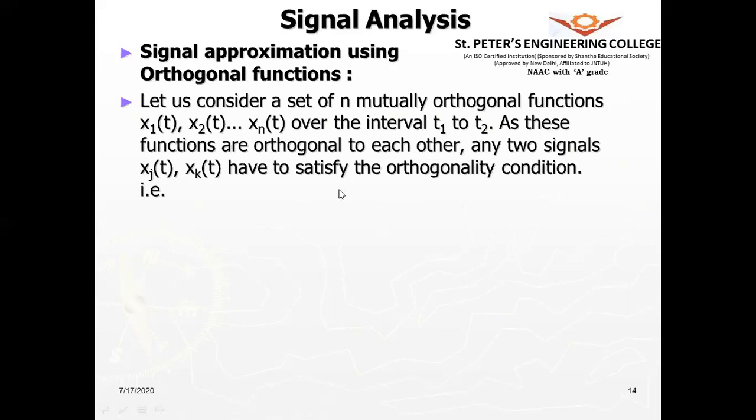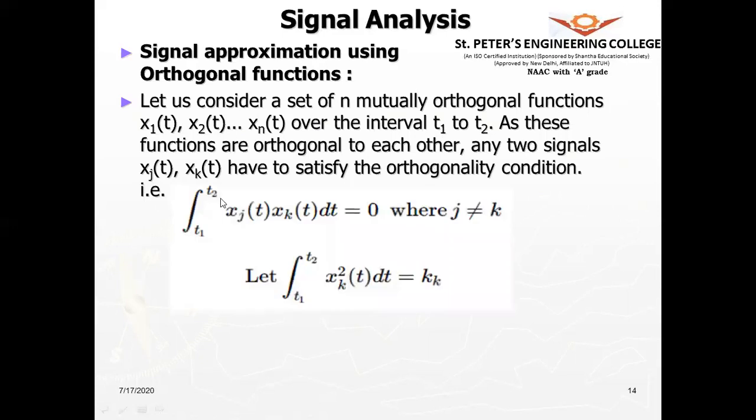And as these signals are orthogonal to each other, the product of any two signals xj of t and xk of t, where j is not equal to k, they have to satisfy the orthogonality condition. That is, integral t1 to t2 xj of t xk of t dt should be equal to 0, and integral t1 to t2 x square k of t dt will be equal to some value k.